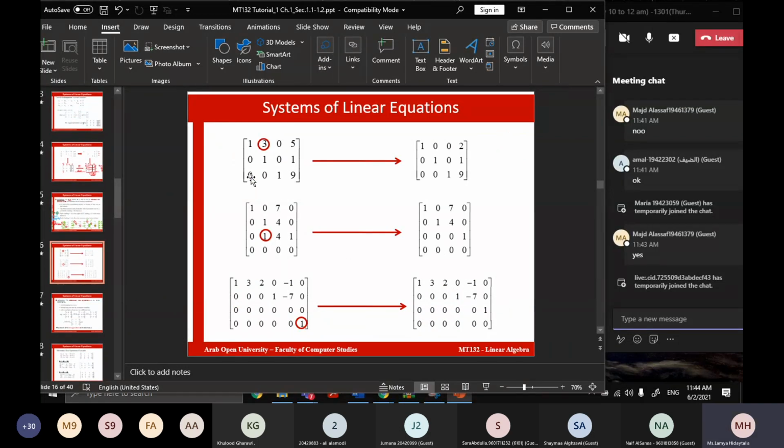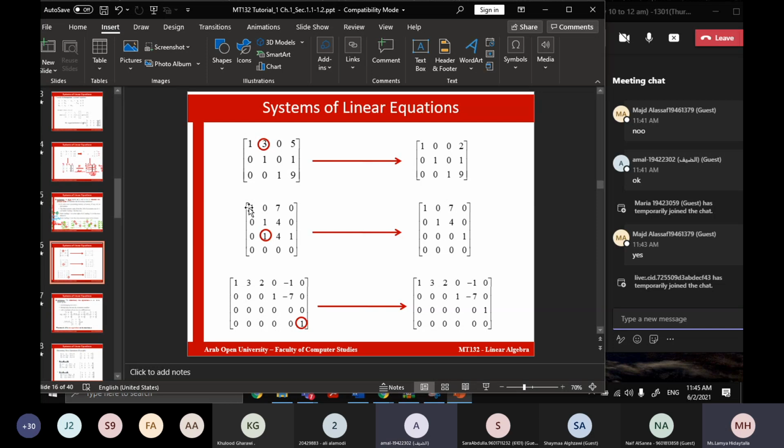Okay, now let's see this matrix. Is it in the echelon form or no? No. Why? Because the first number after the zero, I think. No, the first number after zero is one, but this is the leading one. The numbers with it in its column should be zeros, and this is not a zero.